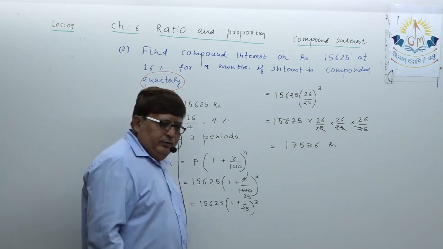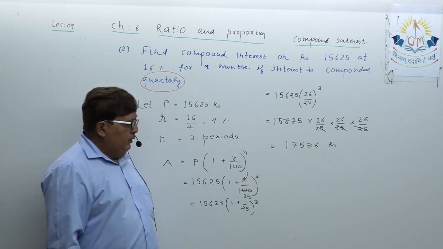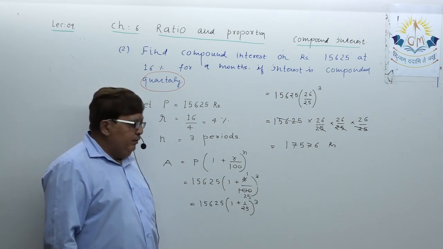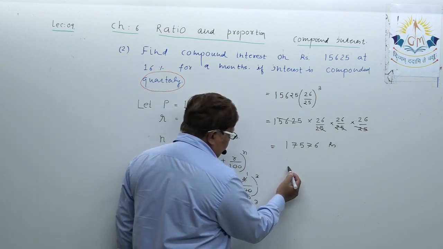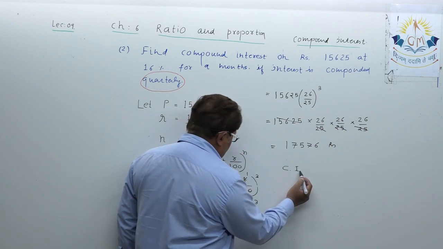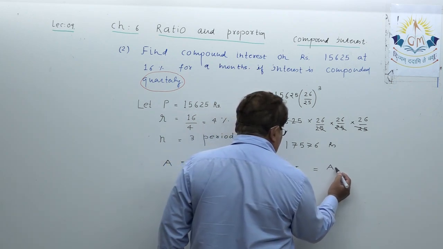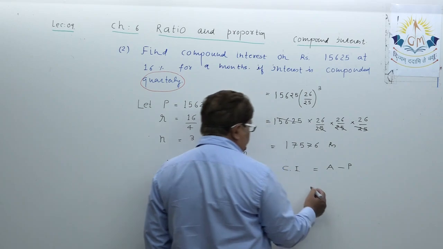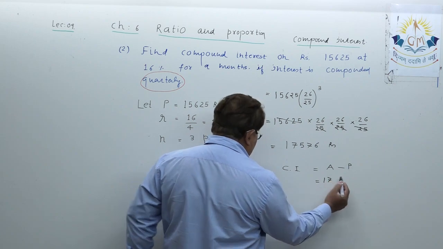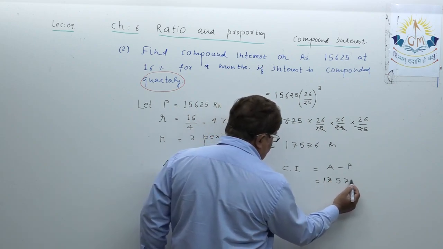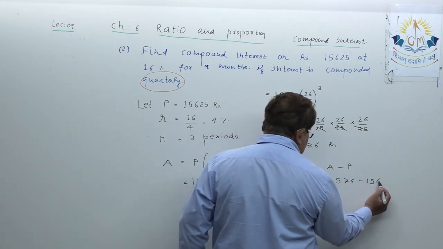Compounded amount. Okay. This is compounded amount 17,576. Now dear student, let us calculate CI. Compound interest equals to A minus P. Write down A first. 17576 minus P, that is 15625.